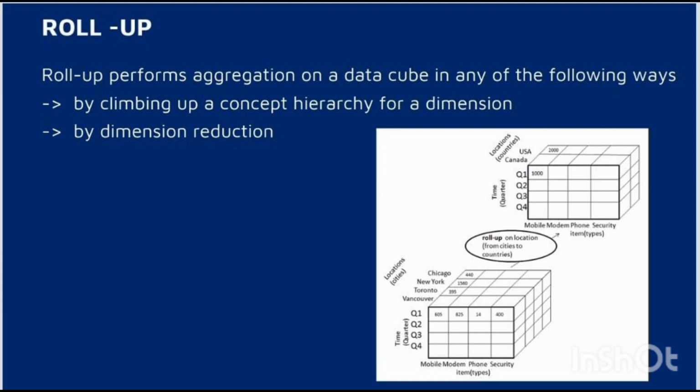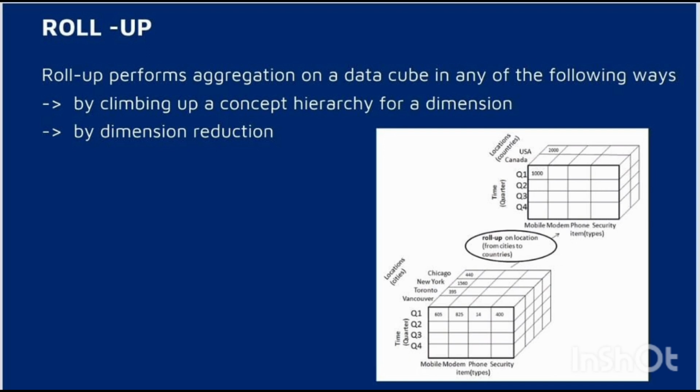How we reduce the dimension is, see the above side of the data cube, which contains the four cities, Chicago, New York, Toronto, and Vancouver. So these four cities will be reduced into two countries.